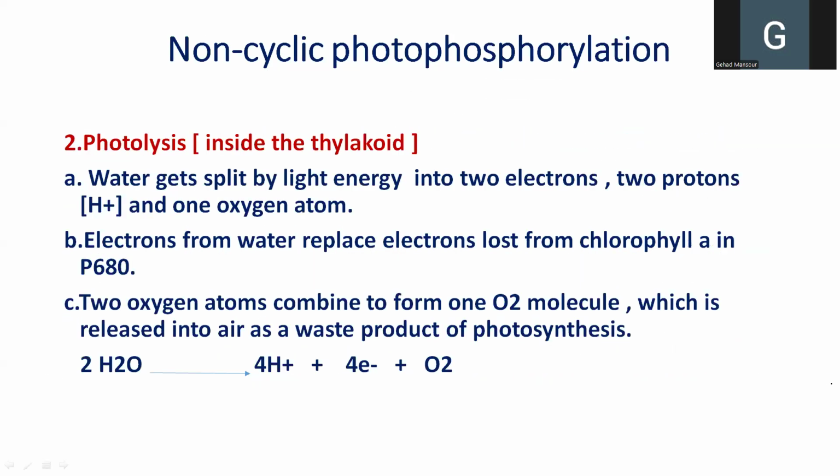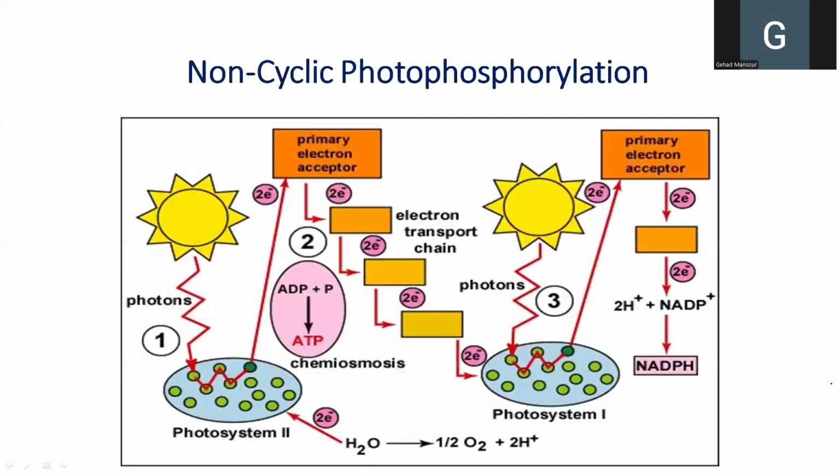So in non-cyclic photophosphorylation, as we can see on the diagram, the solar rays or sunlight carries photons, as you know, electromagnetic waves, and these photons will excite the electrons in photosystem 2.